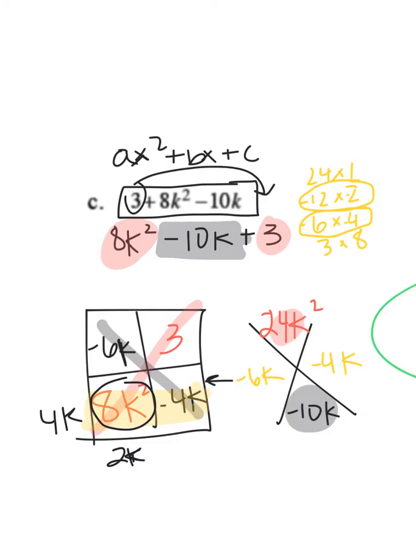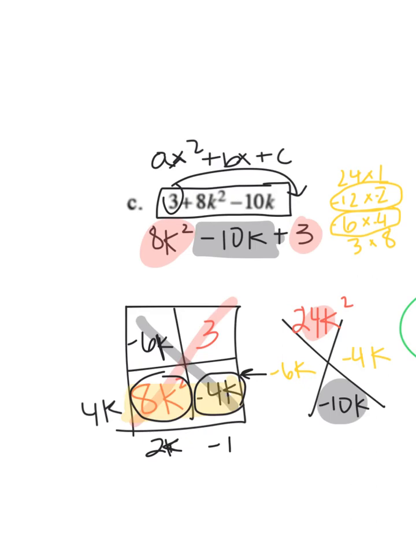And then that 4k to make negative 4k would need to multiply by a negative 1. Looking upwards, 2k multiplied by negative 3 would make negative 6k, and negative 3 times negative 1 is positive 3.